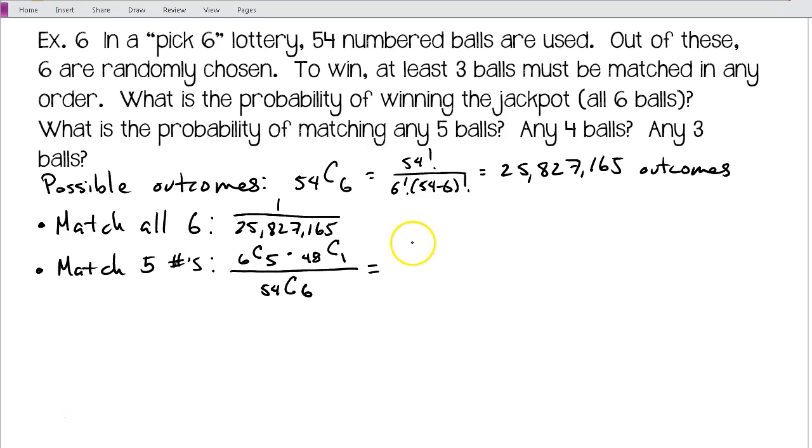If we calculate this, we'll get 288 out of 25,827,165. So you can see, just to match 5, your odds improve a little bit.